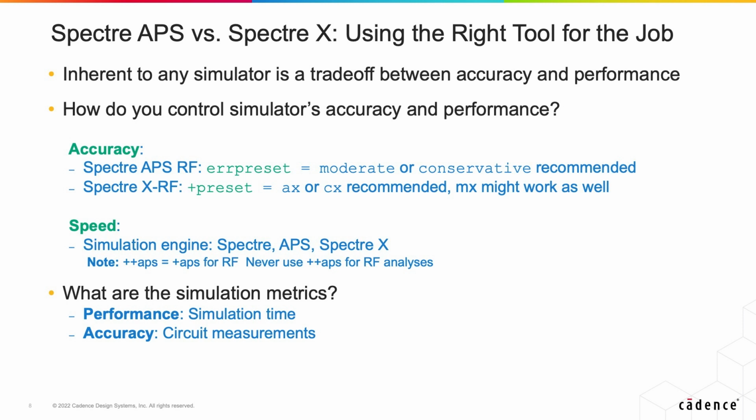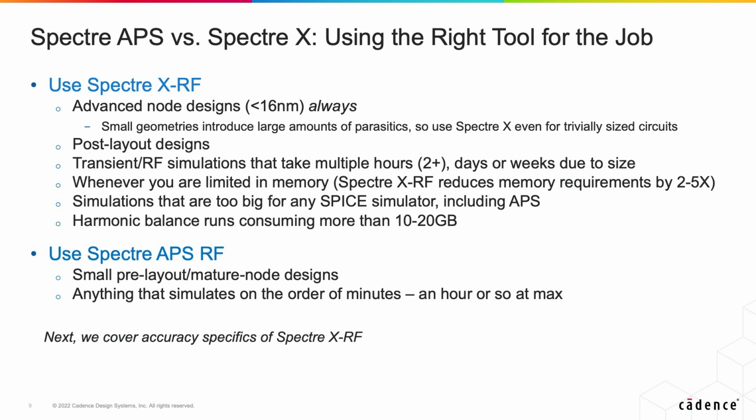When we talk about performance, we mean simulation time. When we talk about accuracy, we of course mean the circuit measurements that you are looking for. And then, when to use XRF, Spectre X RF, and when to use APS-RF.